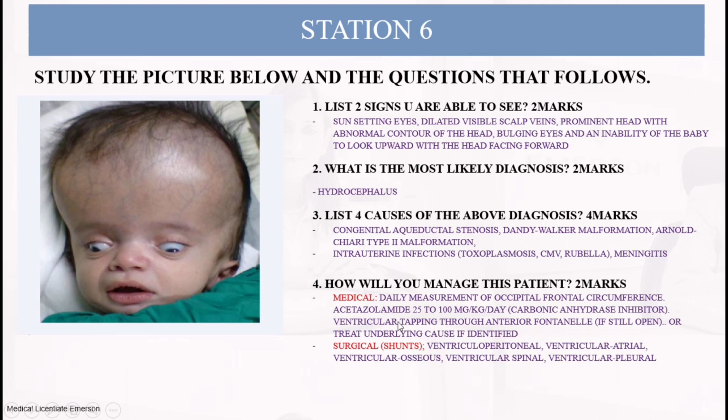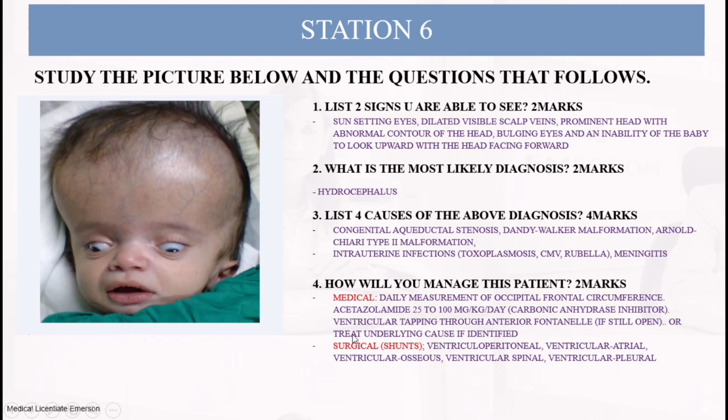The medical part is acetazolamide, 25 to 100 milligrams per kg per day, which is a carbonic anhydrase inhibitor. Then ventricular tapping through the anterior fontanelle if still open, or treat the underlying cause if identified. So if it was meningitis, you need to treat it. Of course, there will be less swelling, and the child will start getting better.